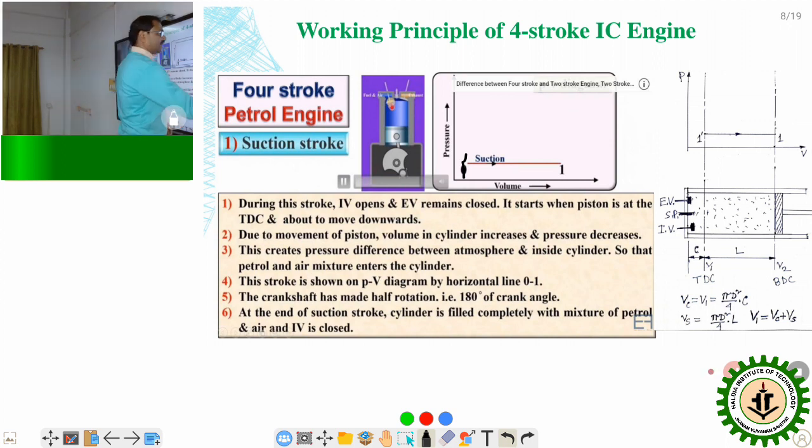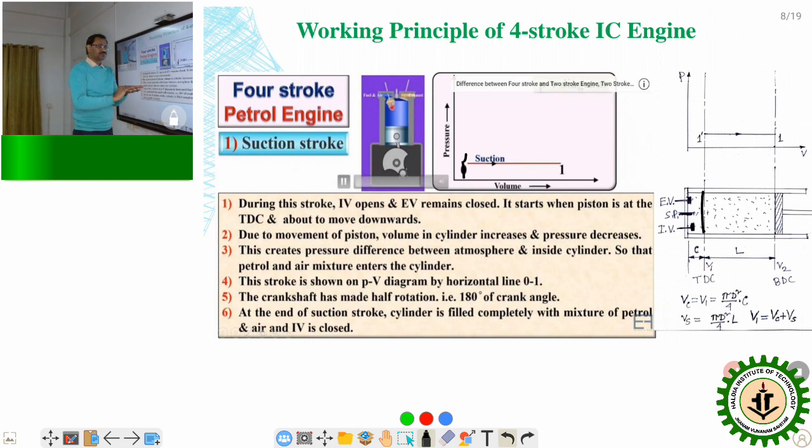Cylinder, first the piston will be here in the top dead center. Why is it called top dead center? In case the engine is vertical, then this center will be above the level with respect to this level, that is bottom dead center. So the piston will move from the top position to the bottom position.